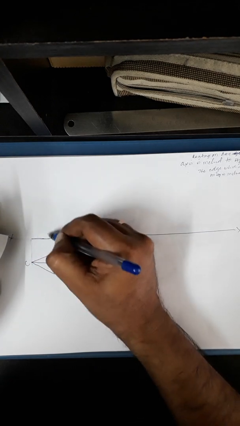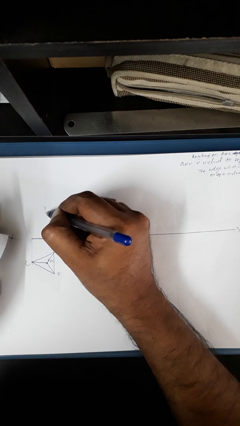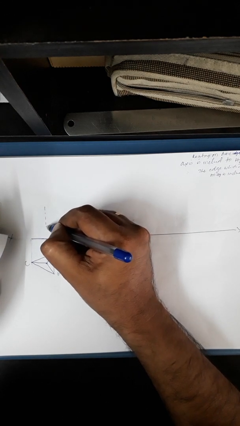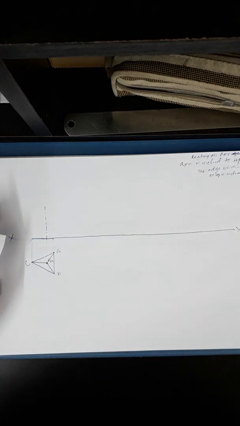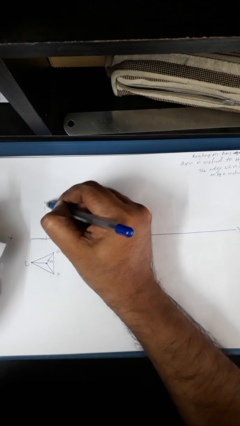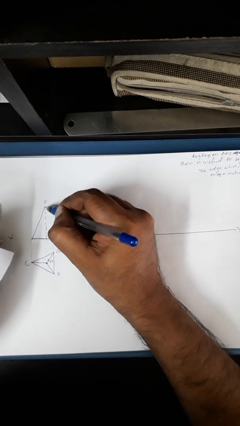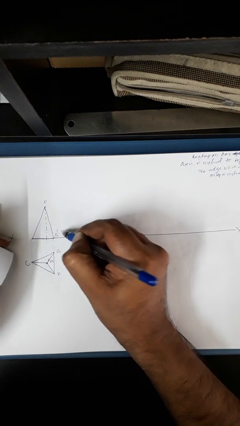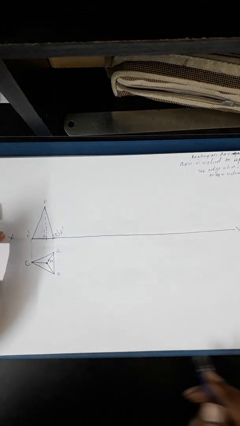Get the base. Project the axis. In the problem the axis length will be given. So take that axis height of the pyramid, take that length, so then that will be O. Join to that O, which is called the apex. Then this is A dash, B dash, C dash, and this is O dash.